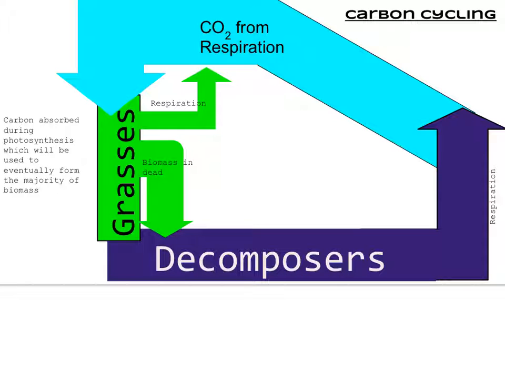This is a good time to bring up, I'm using the word biomass pretty loosely here. Remember, biomass, the real definition is the total mass of organisms in a given area. Now, if I'm just talking about carbon, there is definitely more than just carbon in biomass. There's hydrogen, oxygen, trace minerals, and things like iron and that type of stuff.